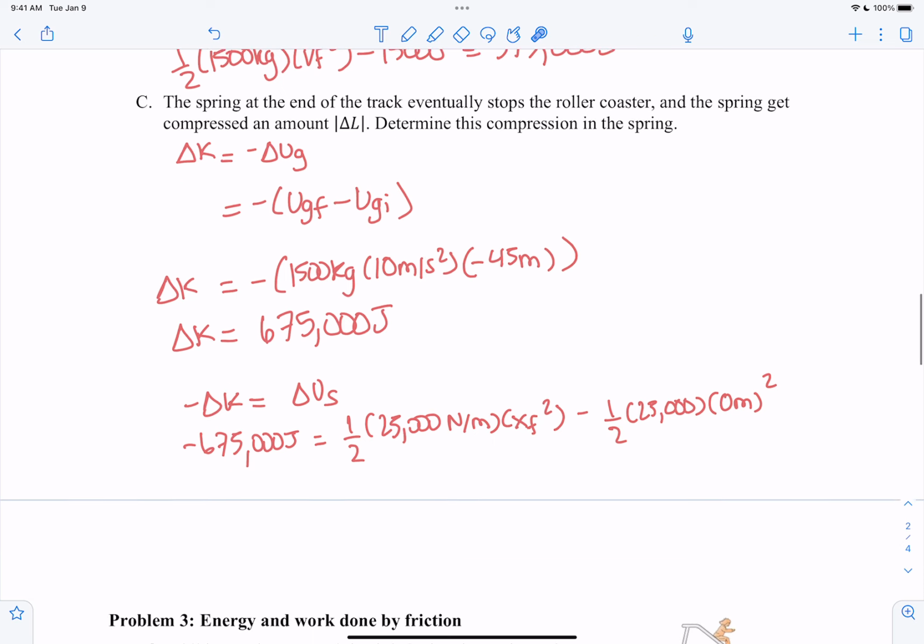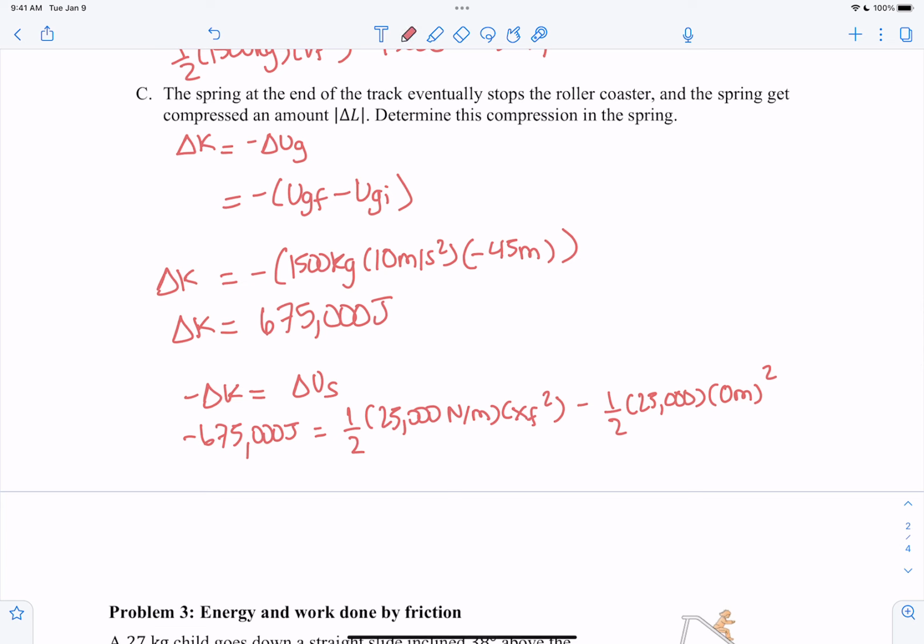Yeah, that's what we're doing. Because this would be half kx squared, right? And so I'm just taking the final minus initial of that.